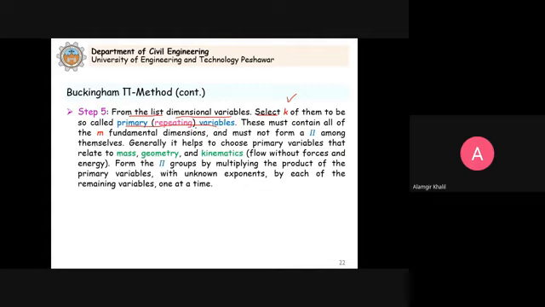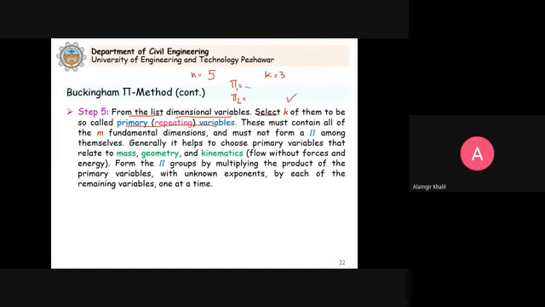For example, we have 5 variables, that is n is equal to 5, and let's say you calculate k is equal to 3. It means we have to form 2 pi groups, because n minus k is 2 pi groups that we have to form. And remember, these are dimensionless groups because pi has no dimensions.